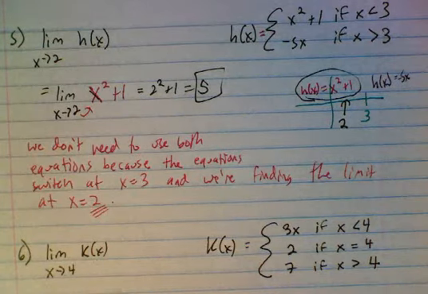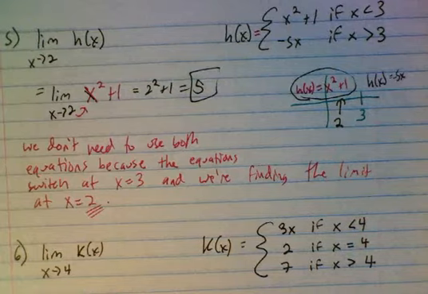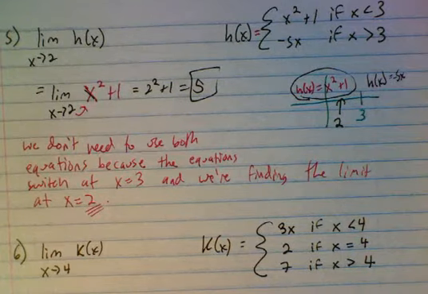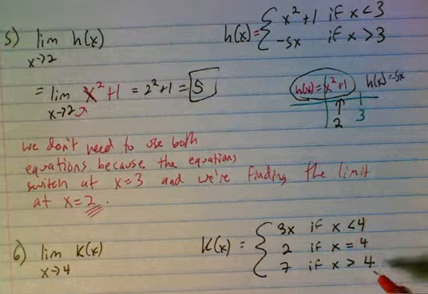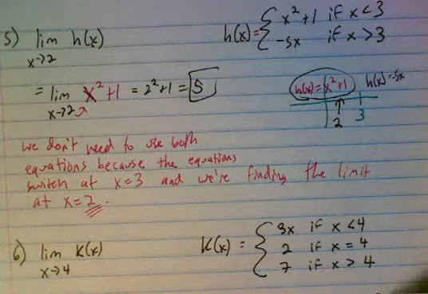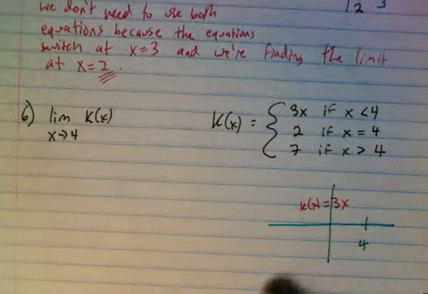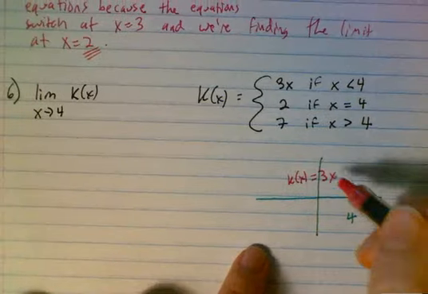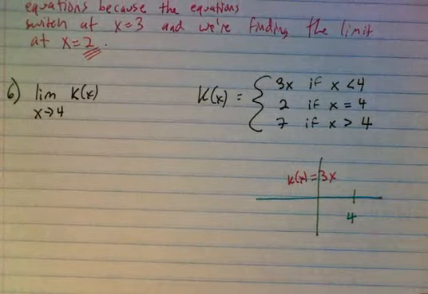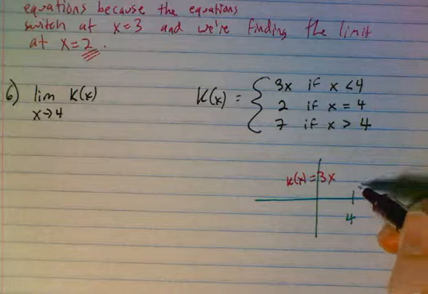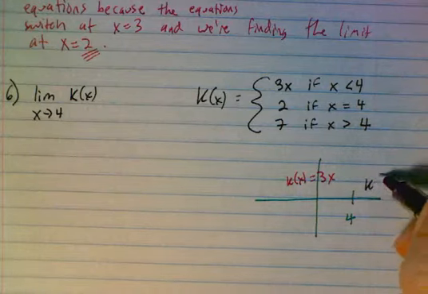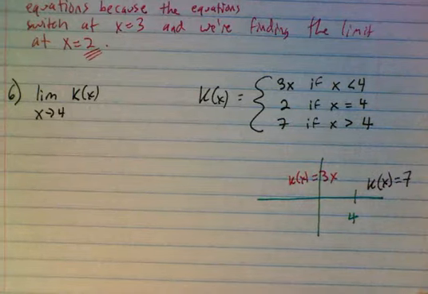So what would happen if we were to graph this? So we've got this switch at 4. And on one side, less than 4 to the left, k of x equals 3x. On the other side, when x is greater than 4, k of x equals 7.